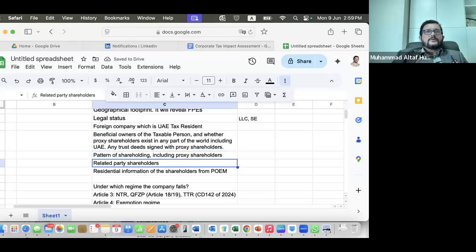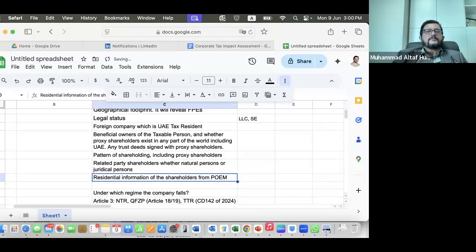Related party shareholders we also talked about. What is the meaning of related party shareholders? Related party, natural person. Actually, it's not restricted to natural persons; it can be legal persons. So related party shareholders, whether natural persons or juridical persons, this also we will find. What different shareholders are there? Are they related at all or not?